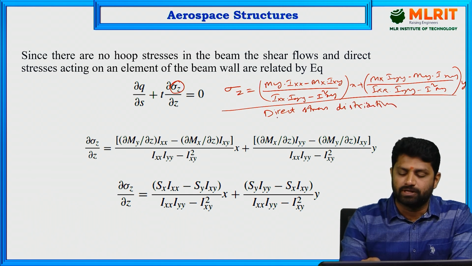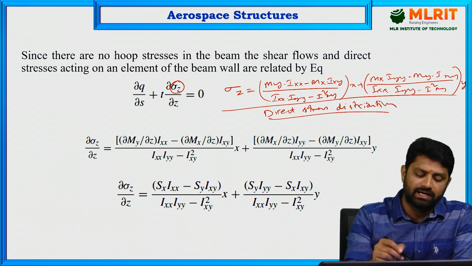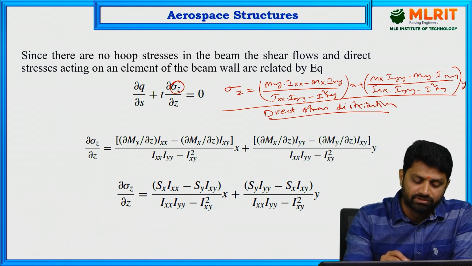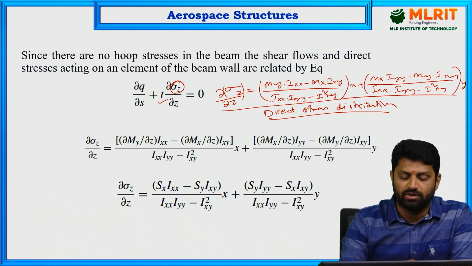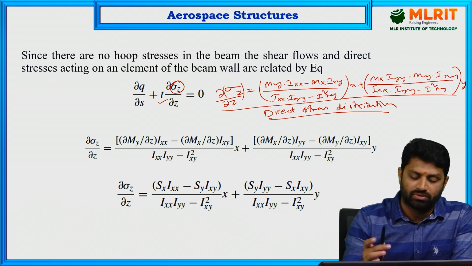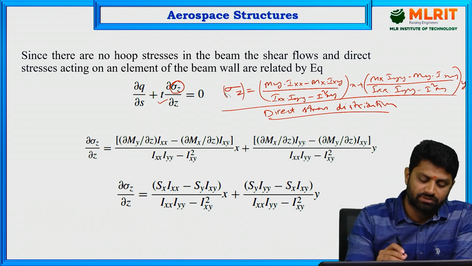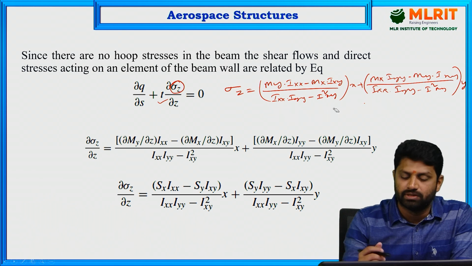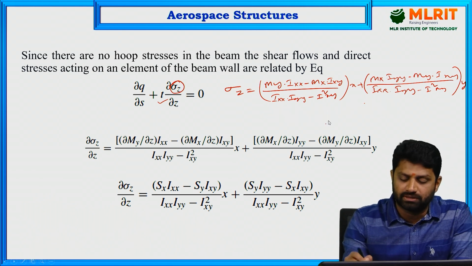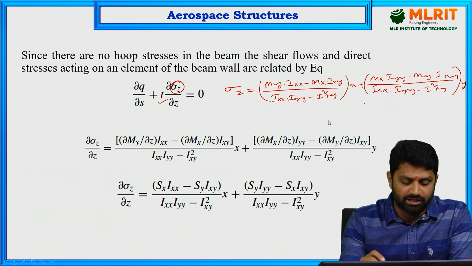Now we are going to use this sigma z, which first of all has to be differentiated with respect to z and then multiplied by t. That is the equation you are writing over here. Let's see what you are going to get if you differentiate with respect to z.